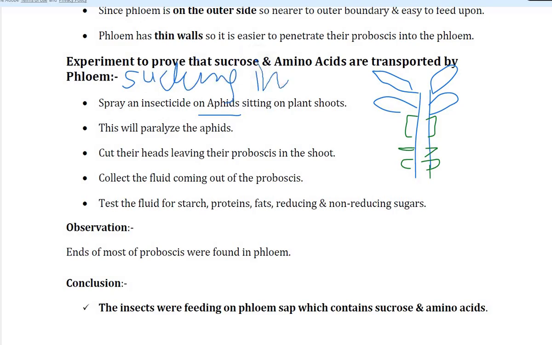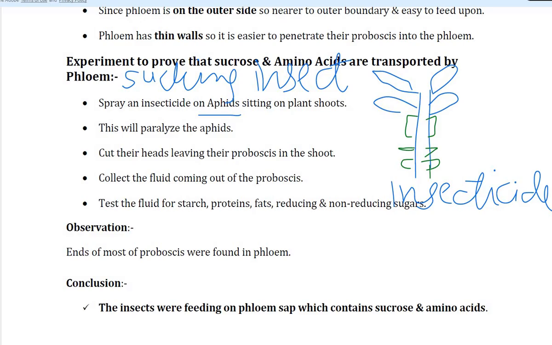So when they are sitting on the stem, we have read that phloem is present on the outer side. So they pinch their proboscis inside the plant and then start sucking sucrose. That's why they are present here. So what we do, we spray insecticide on aphids.